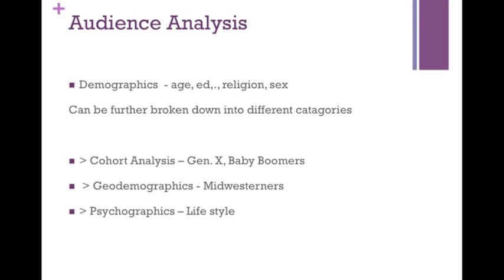Then you have Geo Demographics, which is demographics mixed with the area that somebody lives in. And then Psychographics, which is a pretty sophisticated way of looking at groups of people through demographics plus lifestyle. And it looks at them through the products that they purchase and the lifestyle that they live and how those products support that lifestyle.